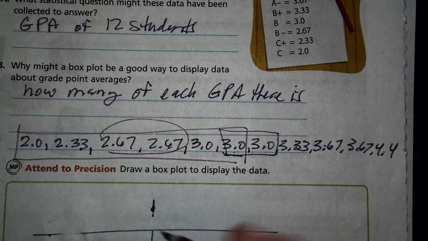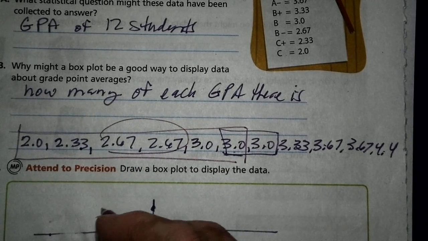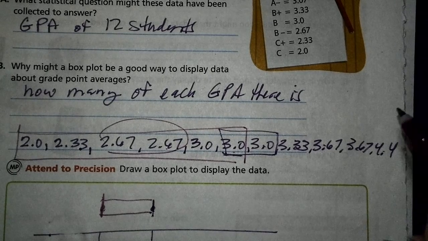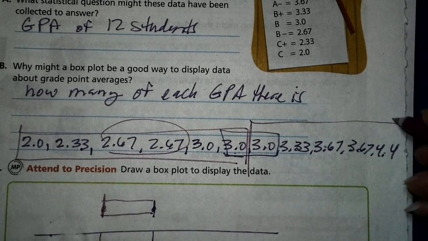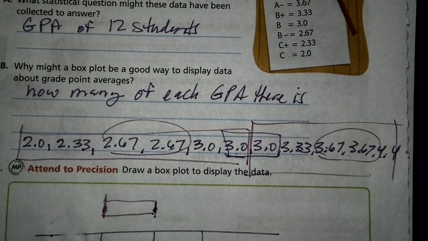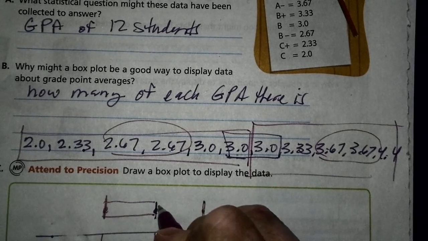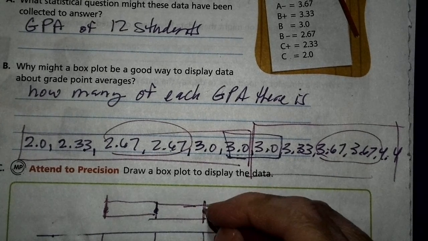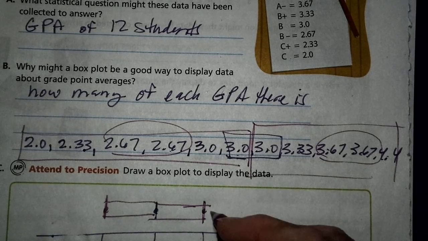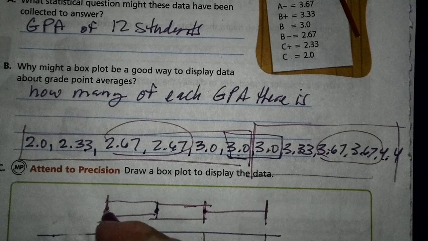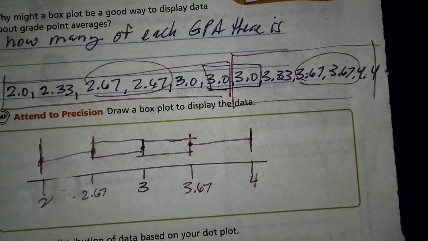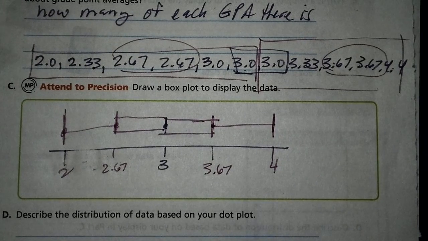So it'd be 2 and 2, so 2.67. So there's that box. And then we're going to use 3.67. Alright. And then my stem would be 4 and 2. Okay, so that's what that box plot should look like.